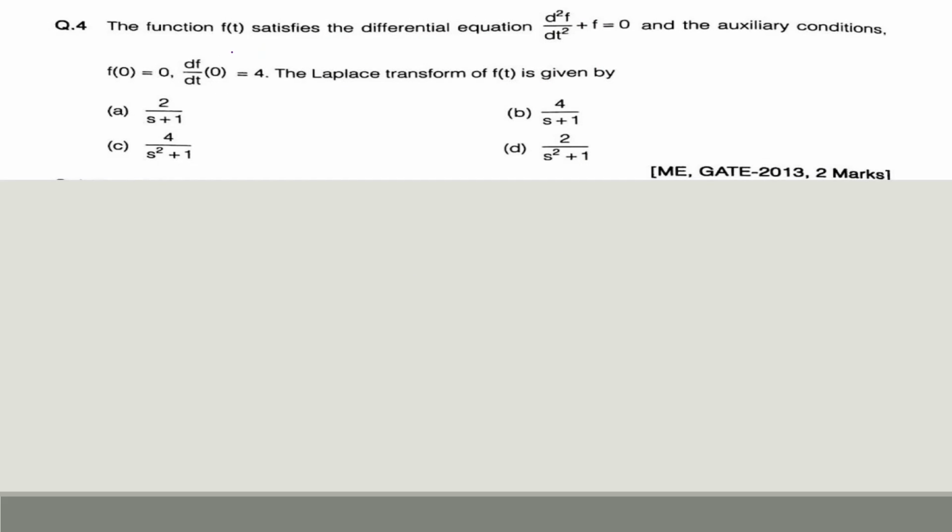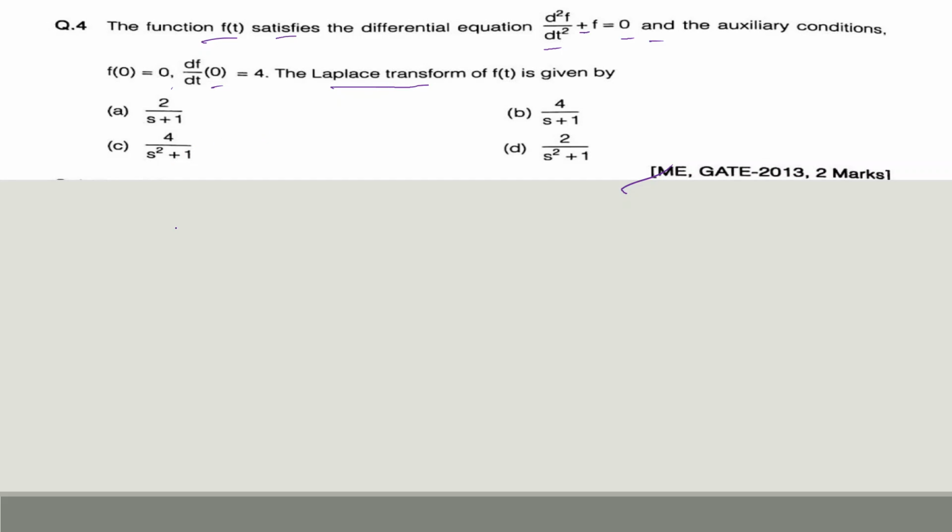This question was also asked in mechanical engineering for GATE 2013, a 2 marks question. The function f(t) satisfies the differential equation d square f upon dt square plus f is equal to 0, and the auxiliary conditions f(0) is equal to 0, df upon dt at 0 is equal to 4. The Laplace transform of f(t) is given by?